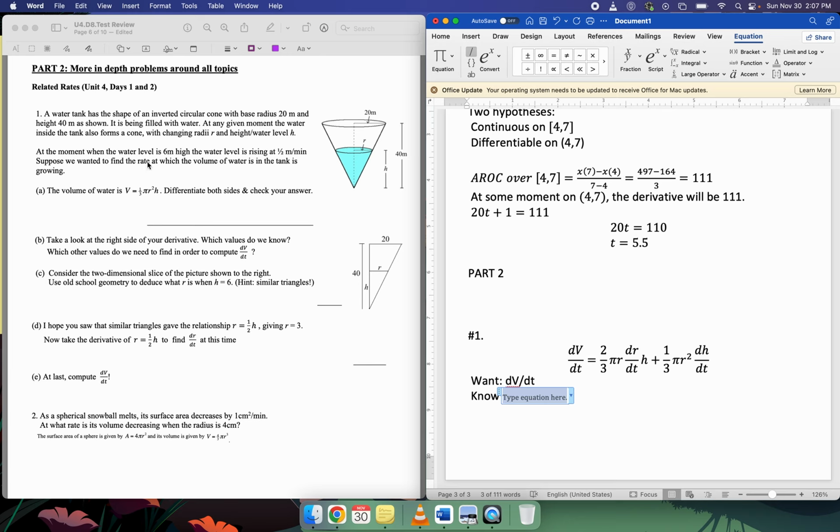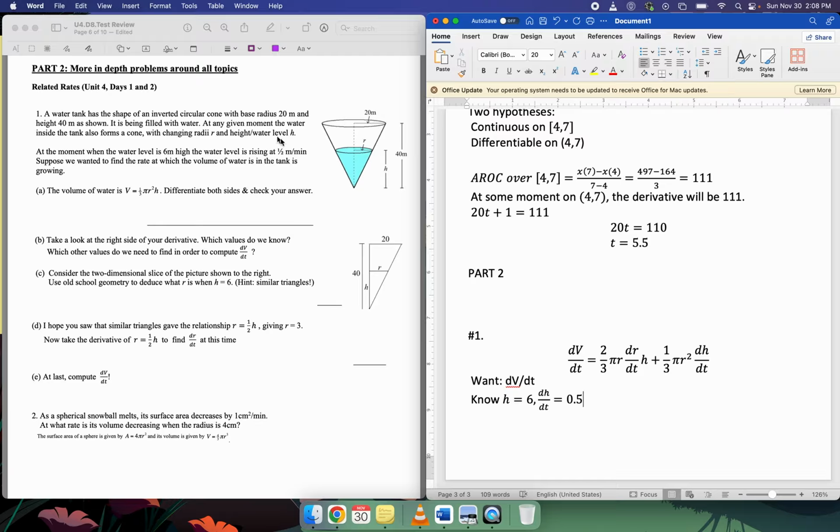We do know that at this current moment, the water level is 6 meters. So right now h is 6, and the water level is rising at 1/2 meters per minute, so dh/dt is 0.5. But that's all we know.